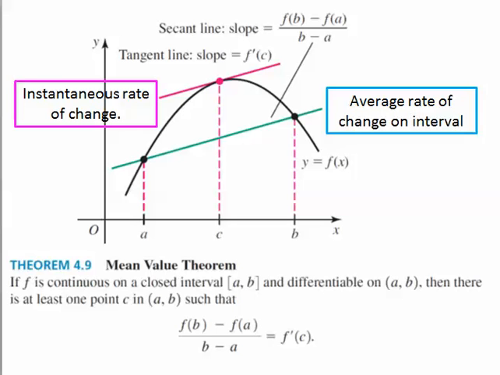Now, probably even more interesting is that the mean value theorem says that there is at least one place where the instantaneous rate of change is equal to the average rate of change on the interval.